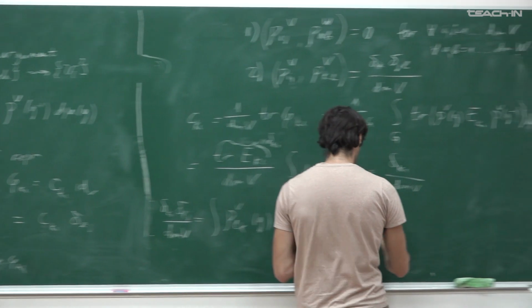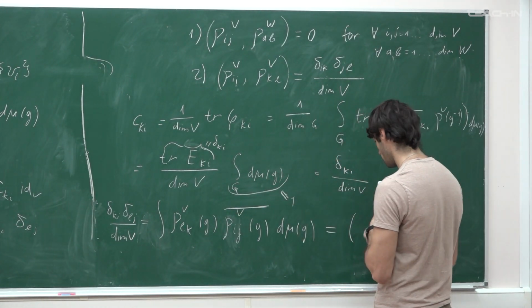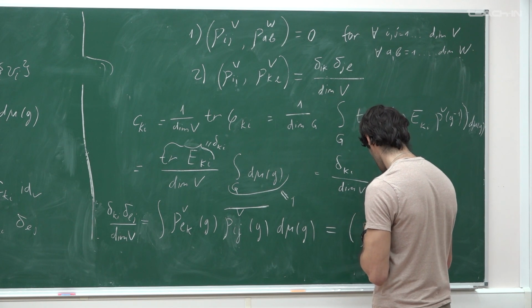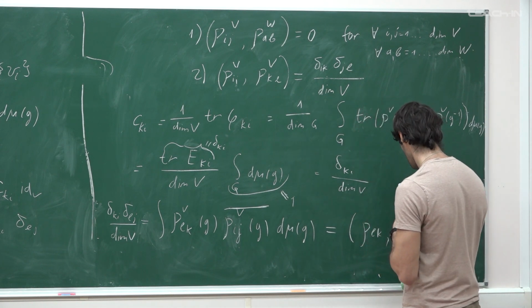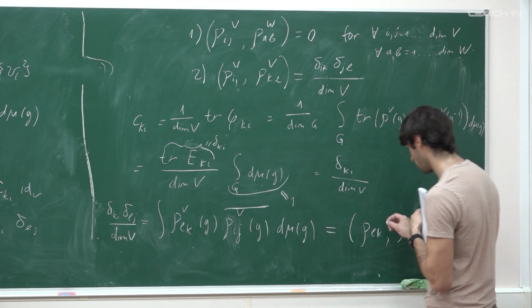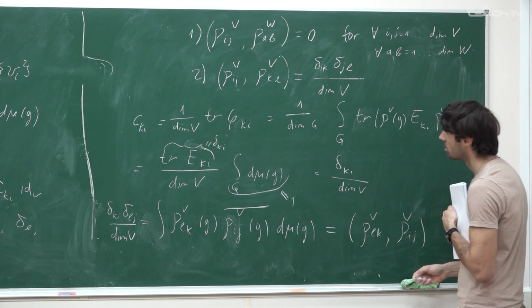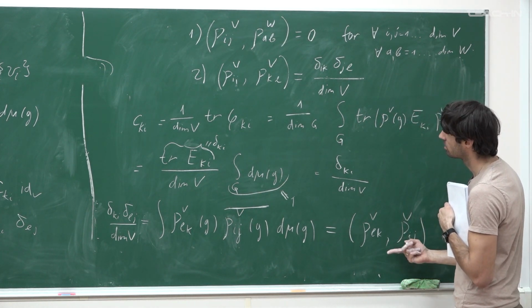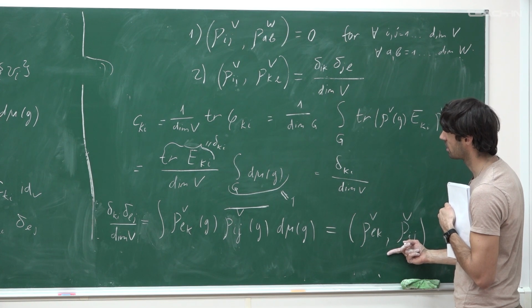On the other hand, this is rho_Lk inner product with rho_ij in V. So it's actually the same as.